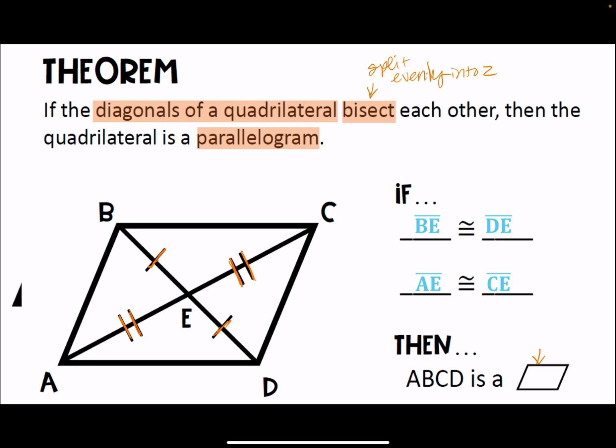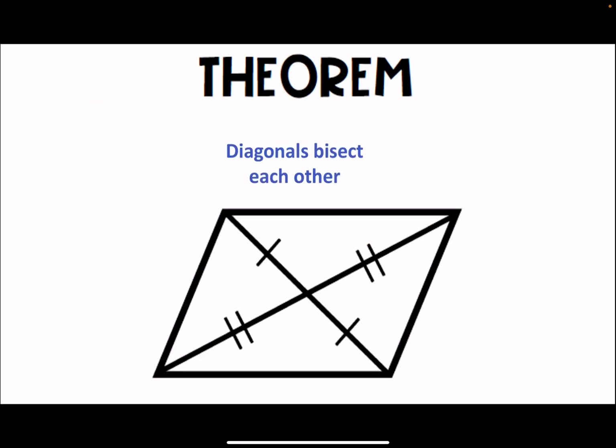I expect you to. It's just, it takes up a lot of space and we don't have that much space to work with. All right, guess what? The converse is also true. So if ABCD is a parallelogram, then BE and DE are going to be congruent, and so are AE and CE, because the diagonals will bisect each other. So this is going to be that the converse is also true. So you guessed it, on the front you're going to write down that diagonals bisect each other, and that its converse also works.